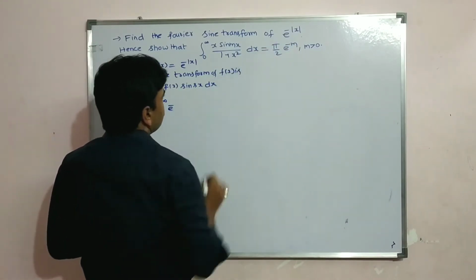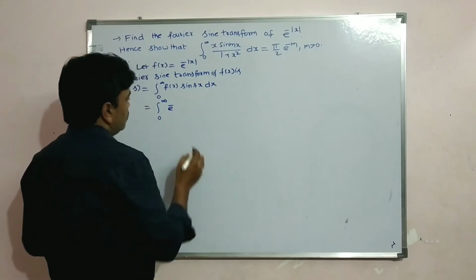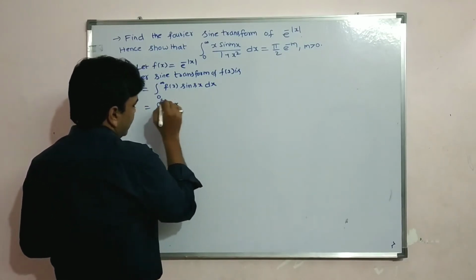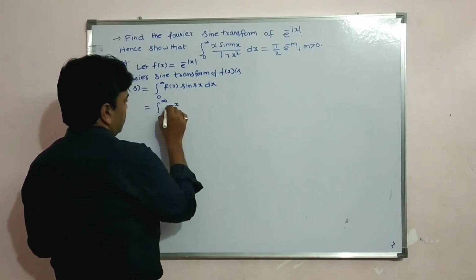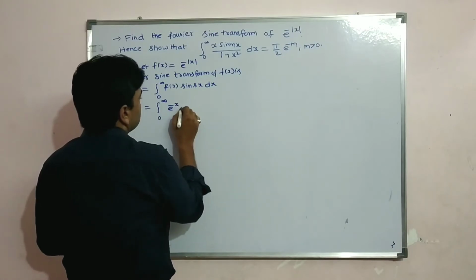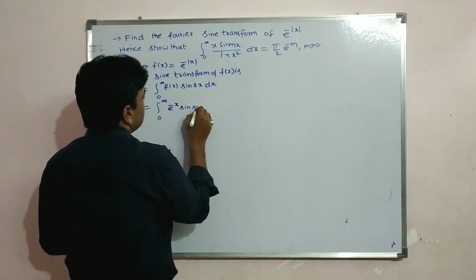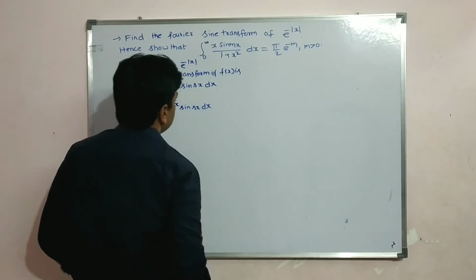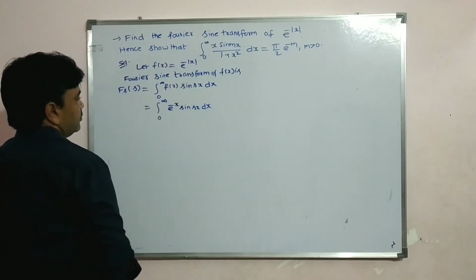So, modulus x value is positive, so we can write x. So, integral 0 to infinity e power minus x sin sx dx.